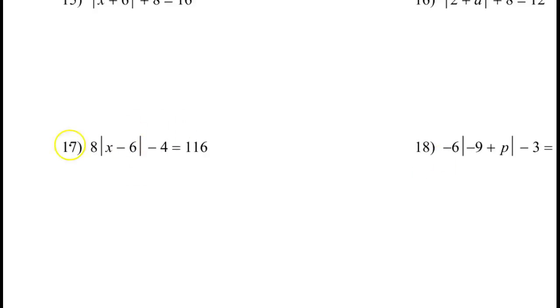So what's on the outside? Okay, minus 4. That's one thing, so we can get rid of that by adding 4. And we have a times 8, so we can get rid of that by dividing by 8. Those are the numbers on the outside. So add 4 to both sides.